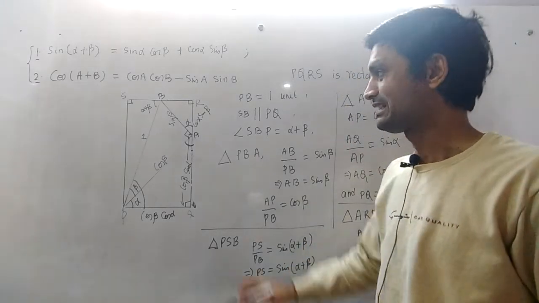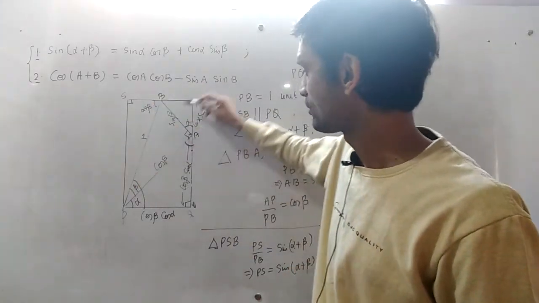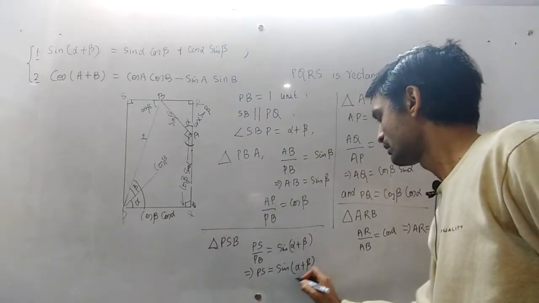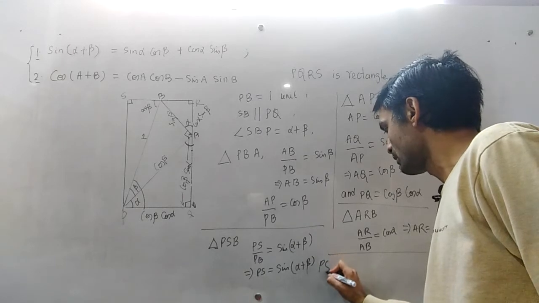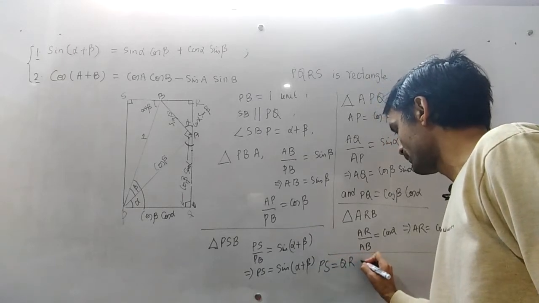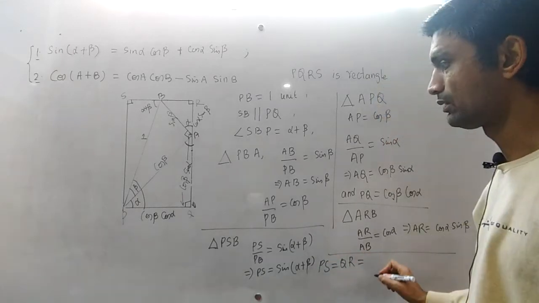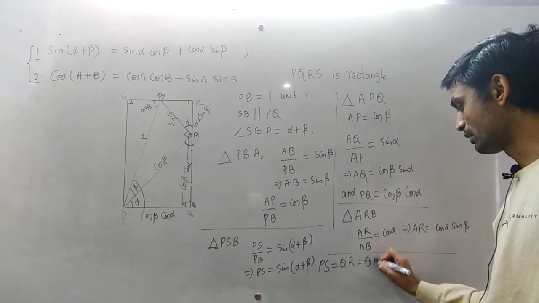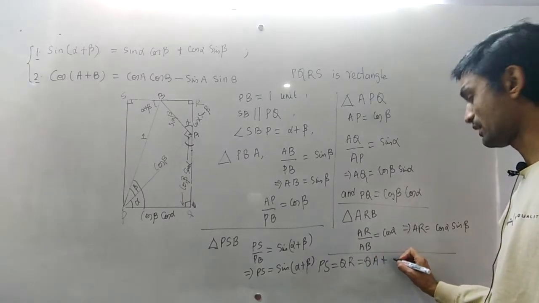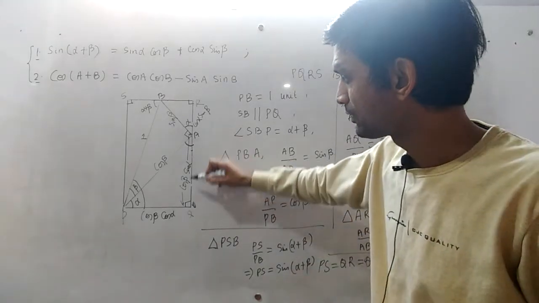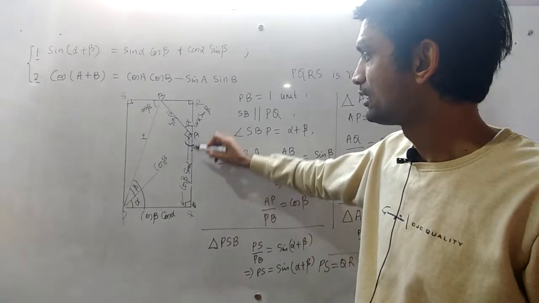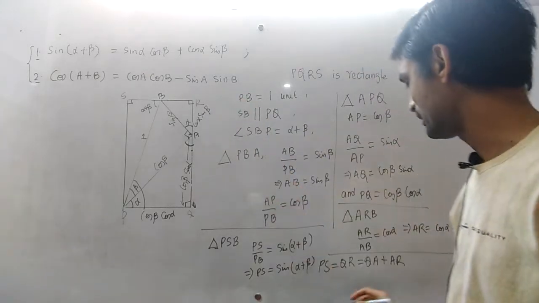Fine. And since it is a rectangle, PS is equal to QR. So here you can write PS is equal to QR, and that will be equal to QA plus AR. QA is cos beta sin alpha and AR is cos alpha sin beta.